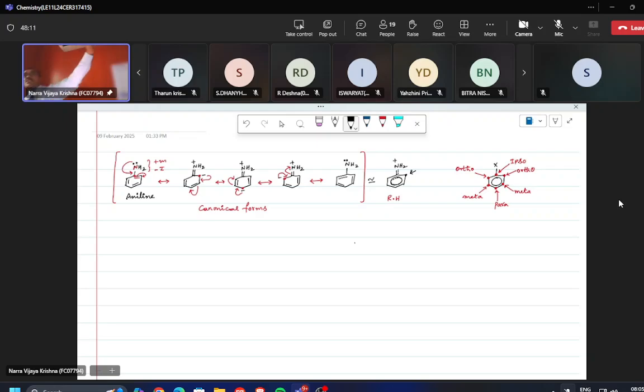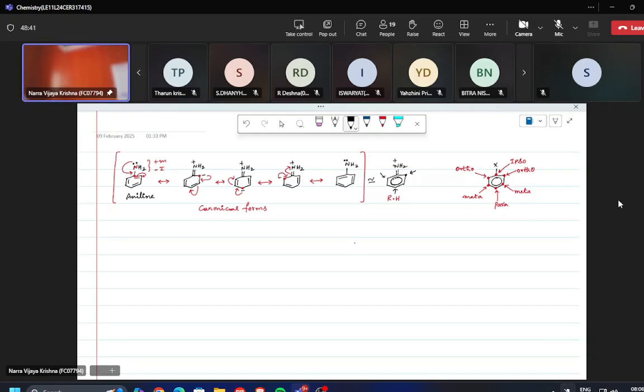So can I keep a positive charge over this nitrogen in the resonance hybrid or not? And negative charge, over this position alone we will place negative charge. In the remaining carbons we will not place. How much negative charge am I getting? -1 is the resonating charge obtained in all the canonical forms combined.